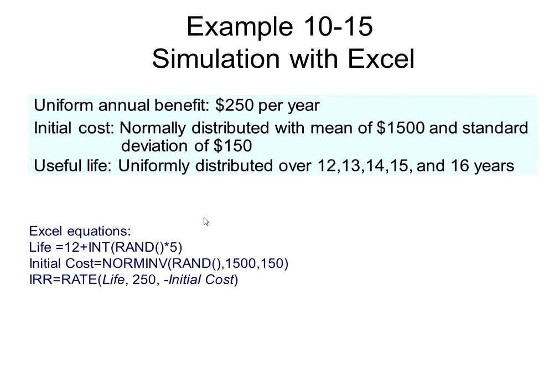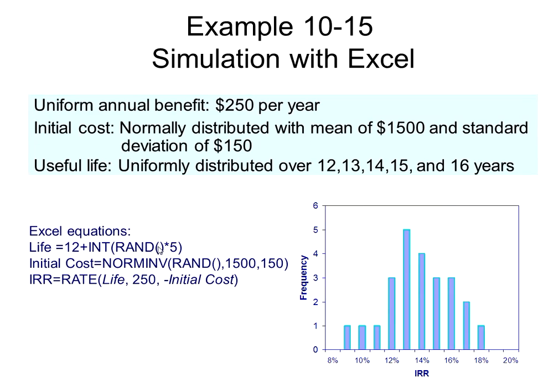So if it's less than 1, then we get 0. If it's greater than or equal to 1 but less than 2, we're going to get a 1. If it's greater than or equal to 2 but less than 3, we're going to get a 2. And if whatever we generated, RAND multiplied by 5, is less than 5 but greater than or equal to 4, we're going to get 4.